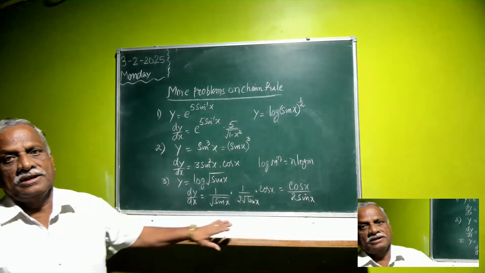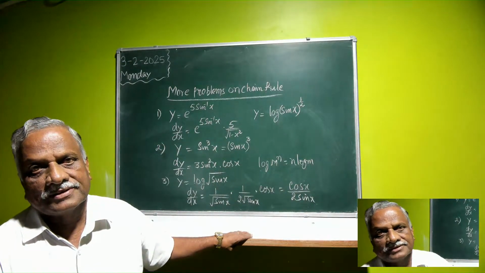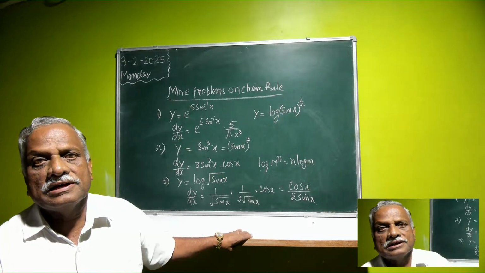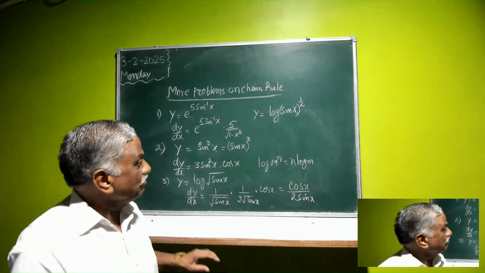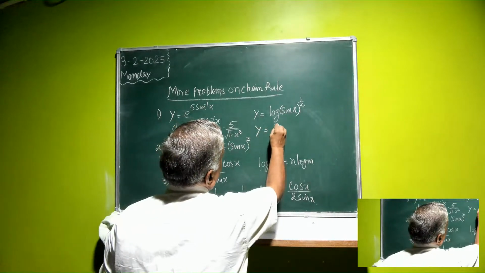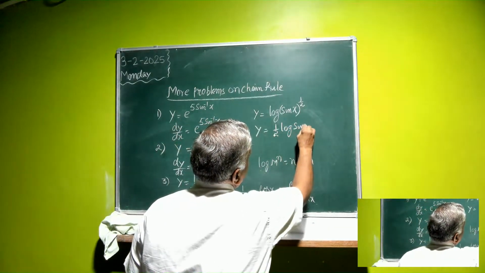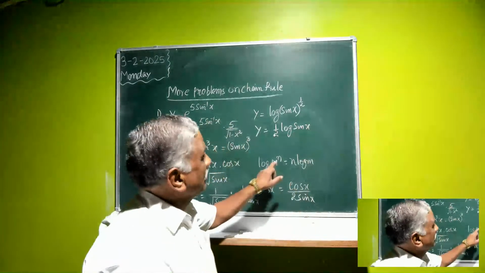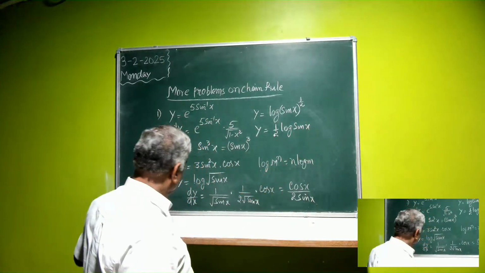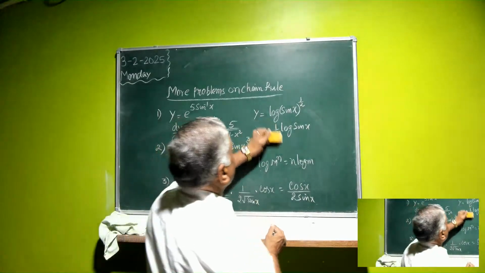So remember, whenever you are working a problem of logarithm, see whether you can use the laws of logarithm. That will simplify the work. So you can write this as y is equal to half log sine x. What will happen now? Now you differentiate this.